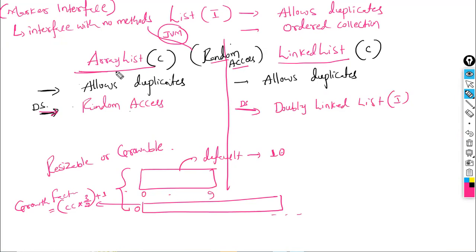What is the drawback with ArrayList, or when is it preferred? ArrayList is preferred if the frequent operations are accessing the elements.